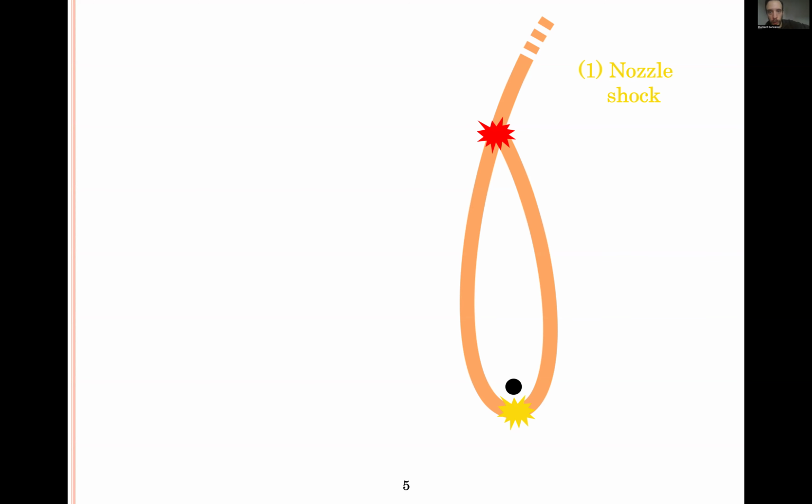So the main takeaway is that GR effects are not necessarily important to study the disruption of the star, but they are fundamental for what happens after the stream comes back near pericenter. Does that answer the question? Yes, yes. All right, so any more questions?